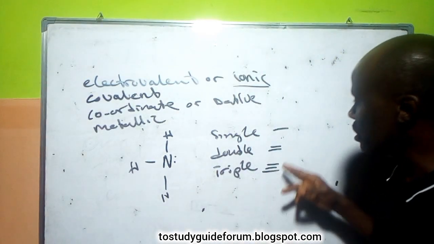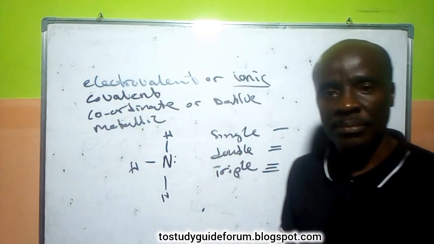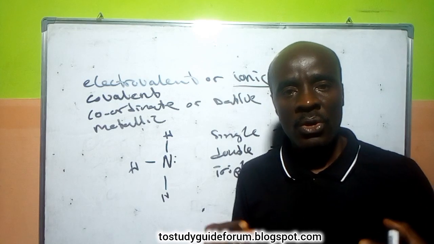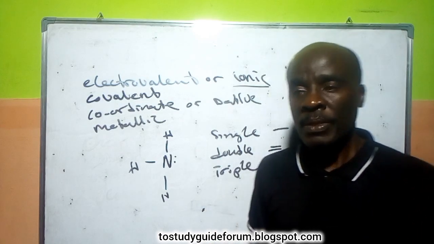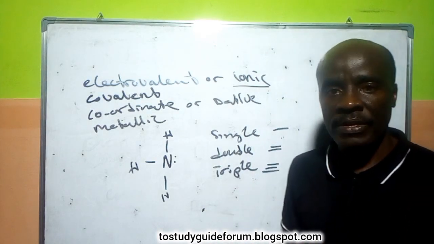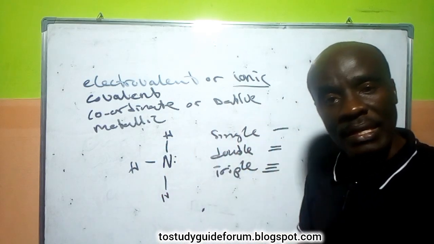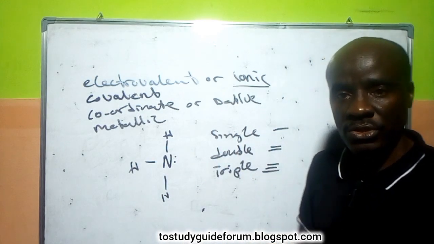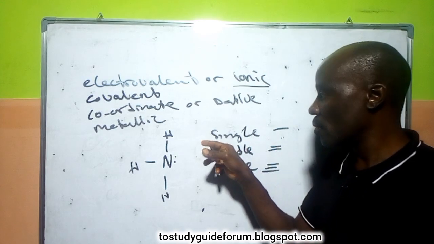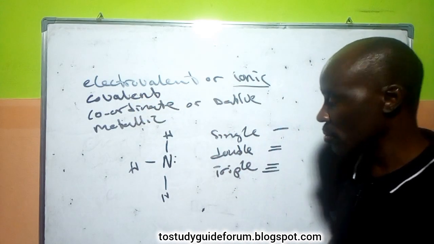Another where we see single bond is what we have in methane. Methane also shows single bonds. And also what we have in chlorine, methane, and hydrogen. All of them, they are examples of single covalent bond. You need to know these things.